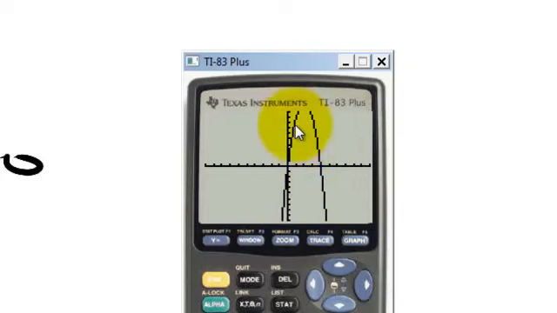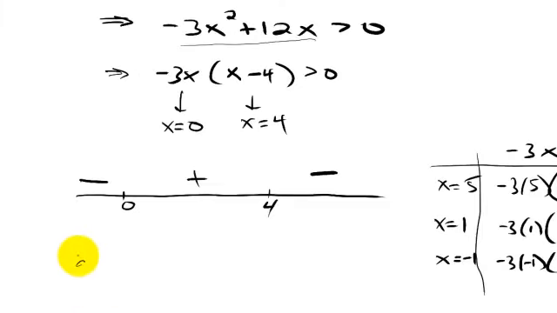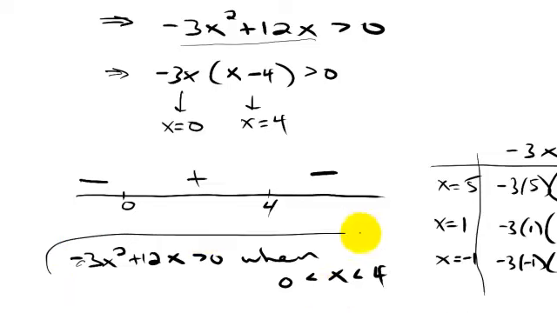Between 0 and 4 we are positive. So final answer, okay. Negative 3x squared plus 12x greater than 0 when 0 is less than x less than 4. There we go.